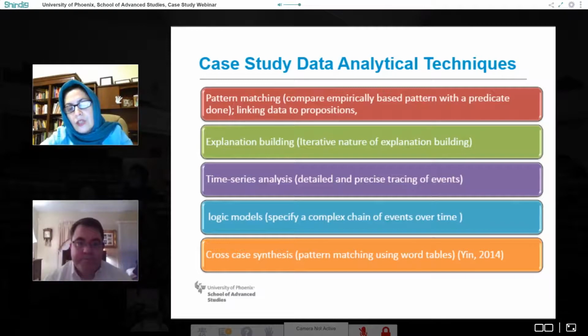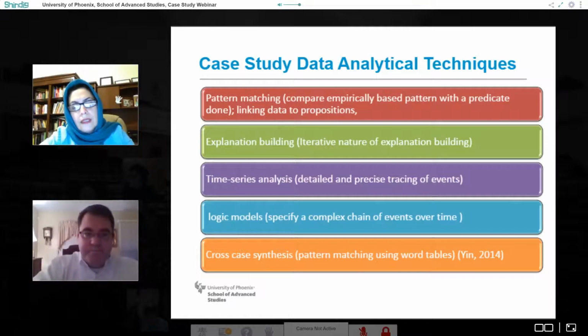That's a time-wise analysis over a time series of events. Sometimes you may use a logic model specifying a complex chain of events over time. And then cross-case synthesis is really similar to pattern matching, but you would add everything in a table and compare them.